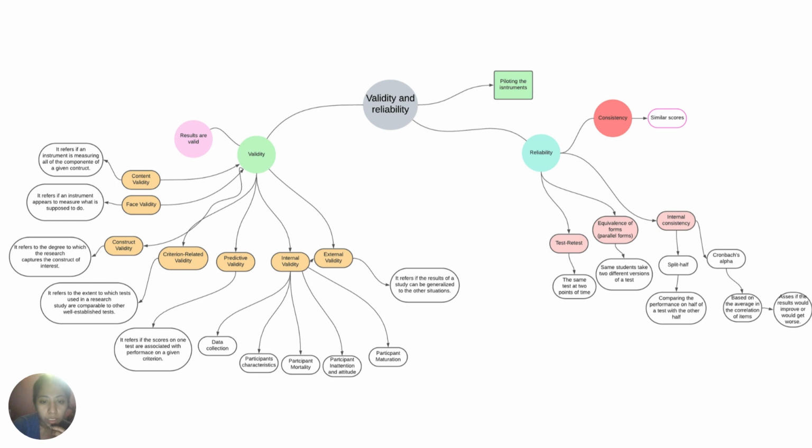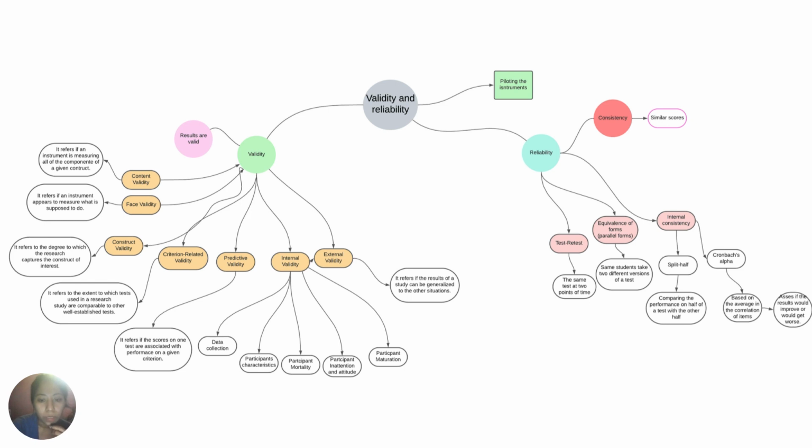Participant inattention and attitude refers to when the participants behave in a different way because they know that they are doing a test, so the results can be different, and that wouldn't benefit our instrument and the data that we are going to collect.